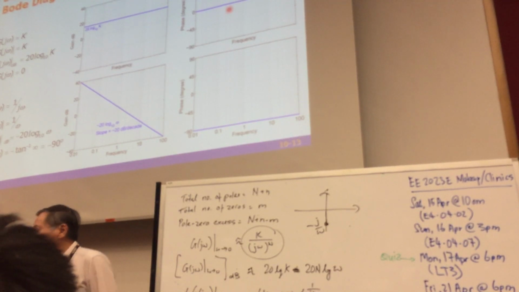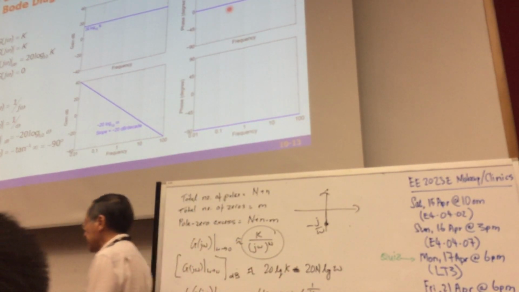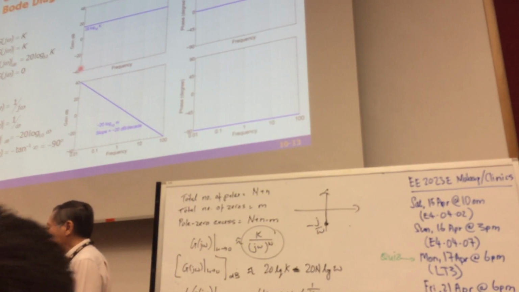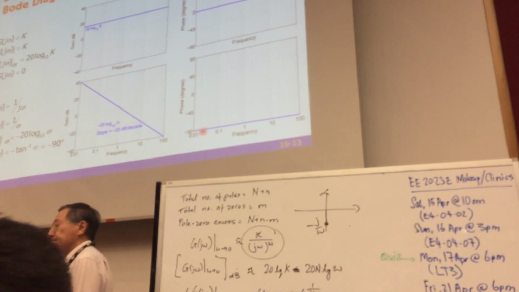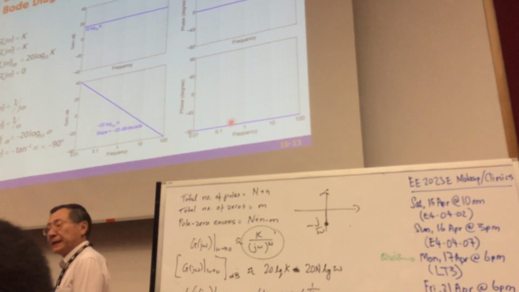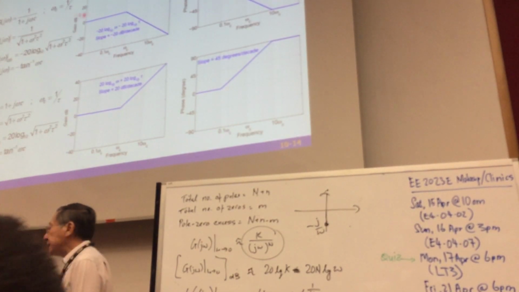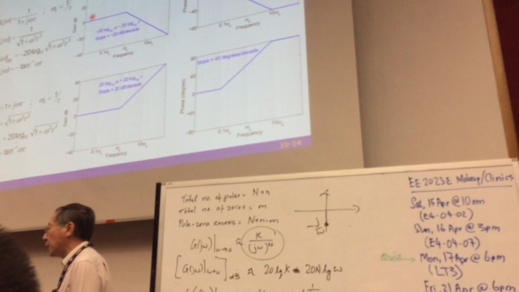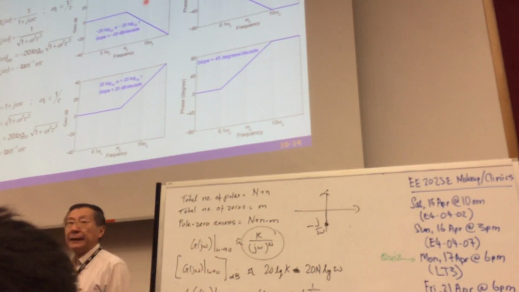The next one is an integrator. We did this last week. The integrator has a slope of minus 20 dB per decade and a phase of minus 90 degrees. Now we look at poles and zeros. We did this first order system, which was a pole. I started this lesson today by revising this.